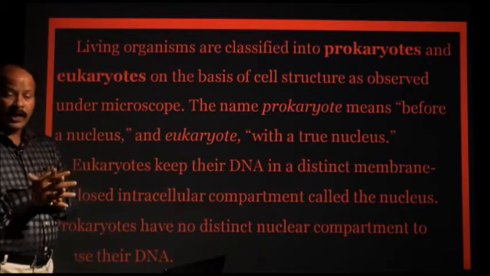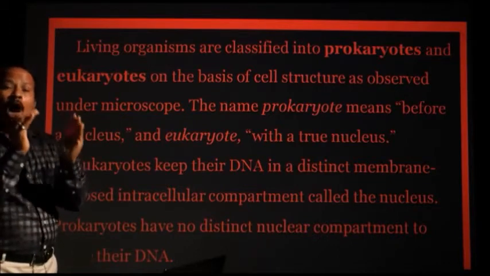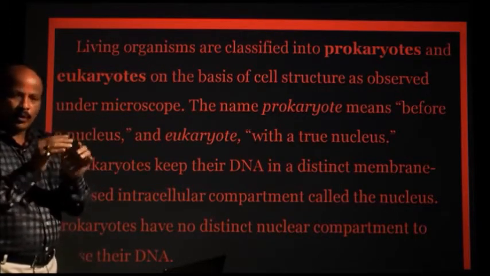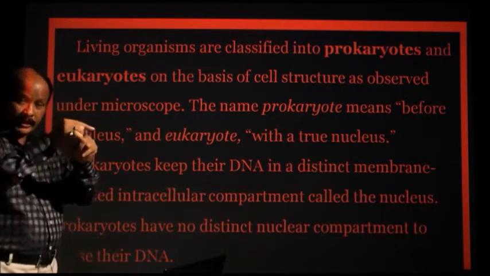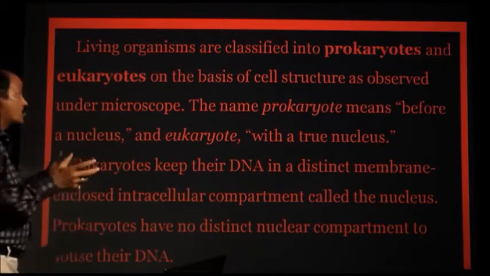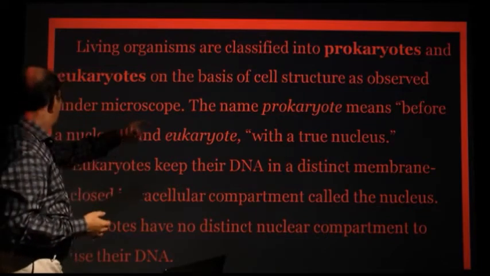The chromosomes are not present in the general cytoplasm, rather they are housed in a particular compartment called nucleus. Nucleus is a membrane bound structure, or it has an envelope within which the genetic material remains. So therefore prokaryotes means before a nucleus.